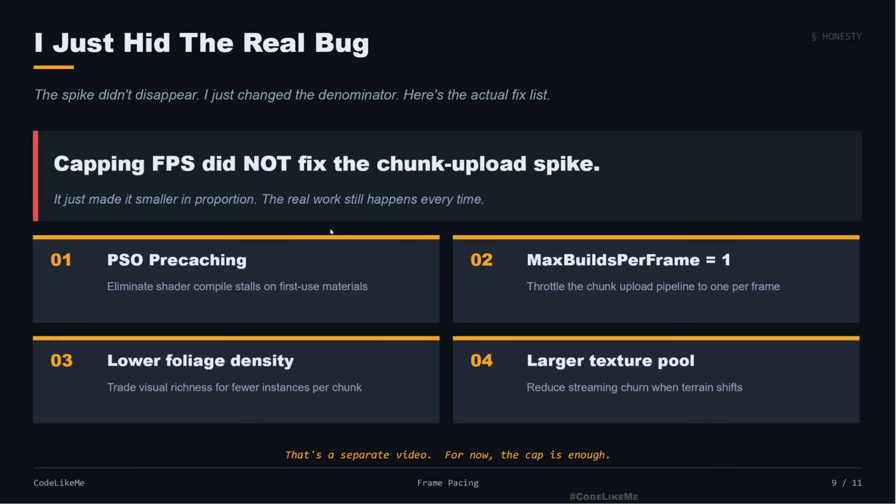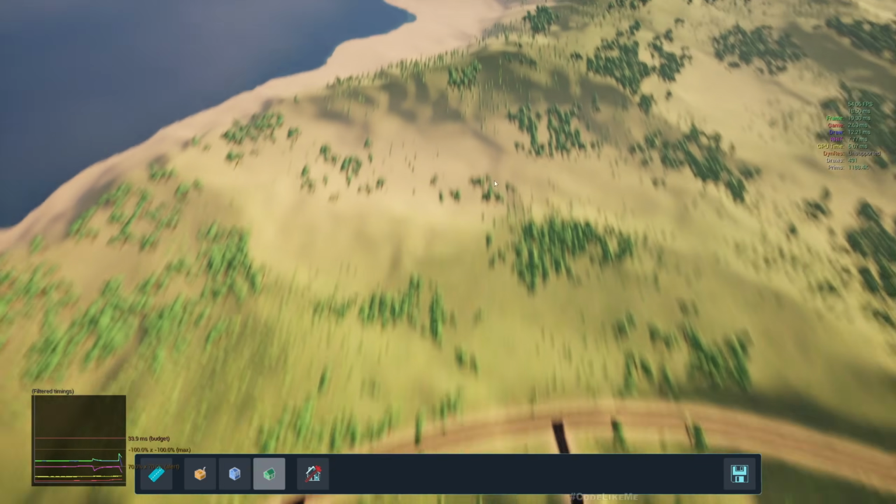The important thing here is I didn't really fix anything. I just hid the real bug. But in my case, it's kind of hard to avoid this spike because it happens with the generation of the terrain tiles as I move around. So here, let me show you again.